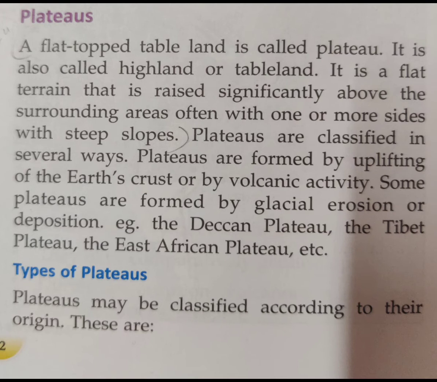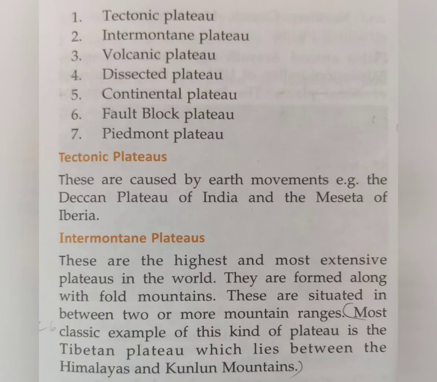Now, the types of plateau. Plateaus may be classified according to their origin. According to their origin, they are as below. The very first is the tectonic plateau. Then the intermontane plateau.